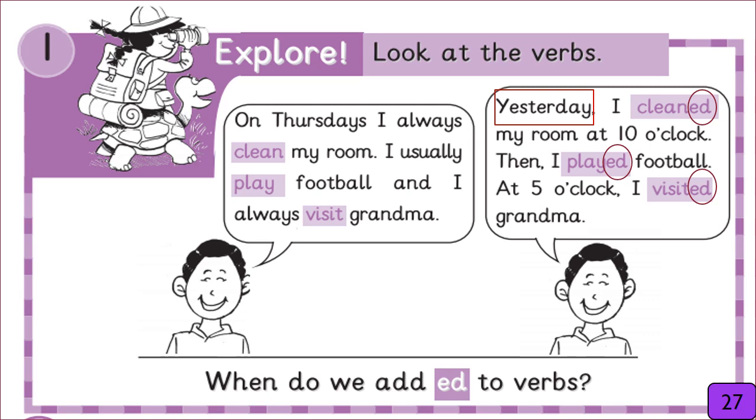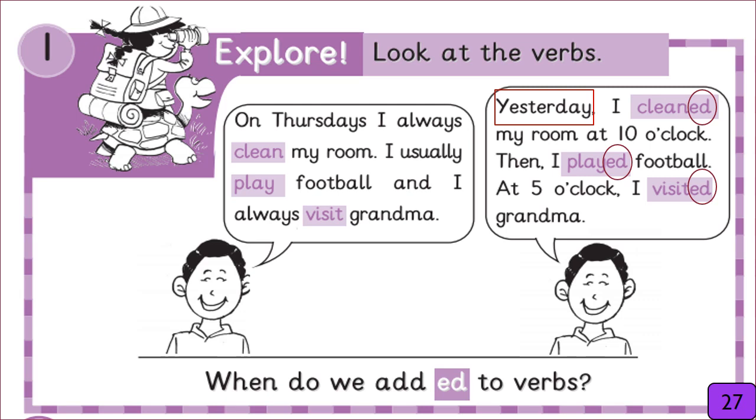In this activity, we are going to compare between two tenses, present simple and past simple. Look and be careful with these verbs. On Thursday, I always clean my room.